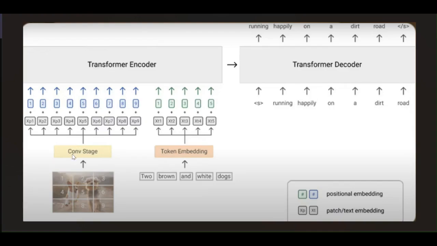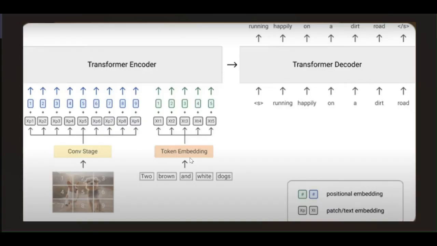VLM stands for Visual Language Model, which takes two inputs. Here you can see it takes the two inputs. One is in the form of images, the next is in the form of text. The images are divided into various patches. These patches are then converted into vector forms like XP1, XP2.